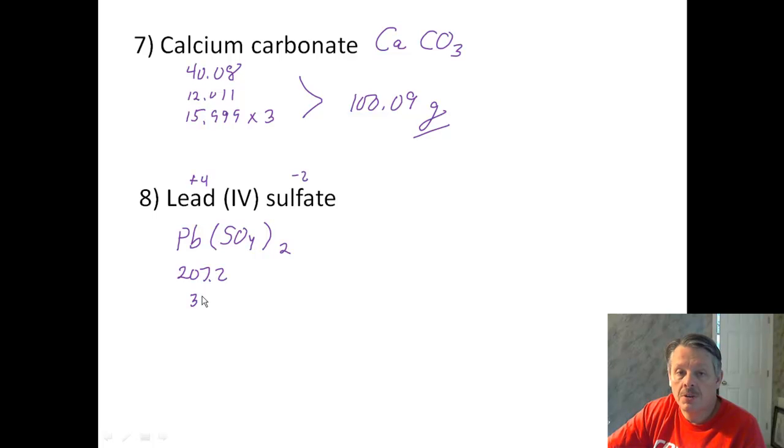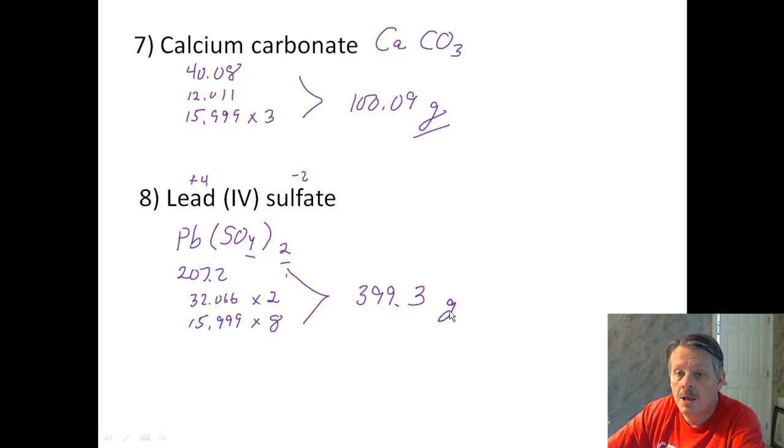My sulfur is 32.066. Oxygen is 15.999. I multiply my sulfur by 2 and my oxygen by 8 because I've got 4 there times 2, which is 8. Right. I add those all together and I get 399.3, and my units again are grams.